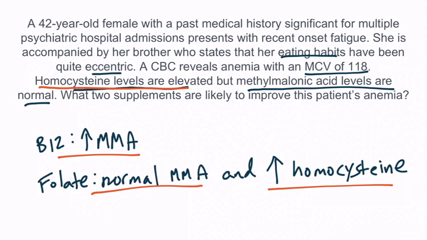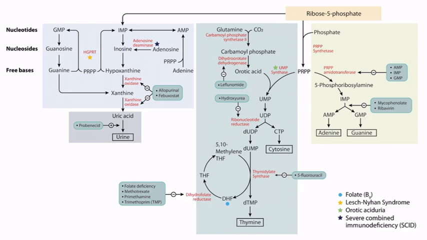So the question is asking what 2 supplements are likely to improve this patient's anemia. If you look at the overview figure, we can see that a folate deficiency results in inhibition of dihydrofolate reductase. 5,10-methylene tetrahydrofolate right here is unable to be produced, which decreases the synthesis of thymine. So it should make sense that supplementation with folate would improve her symptoms.